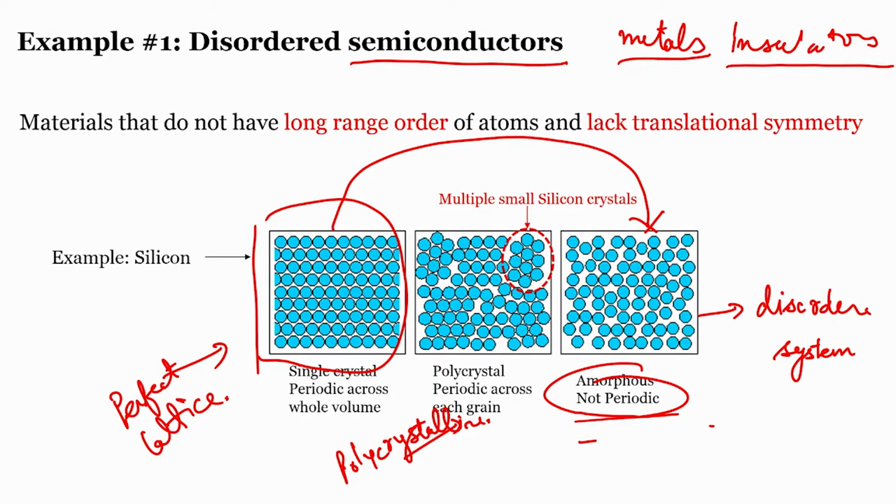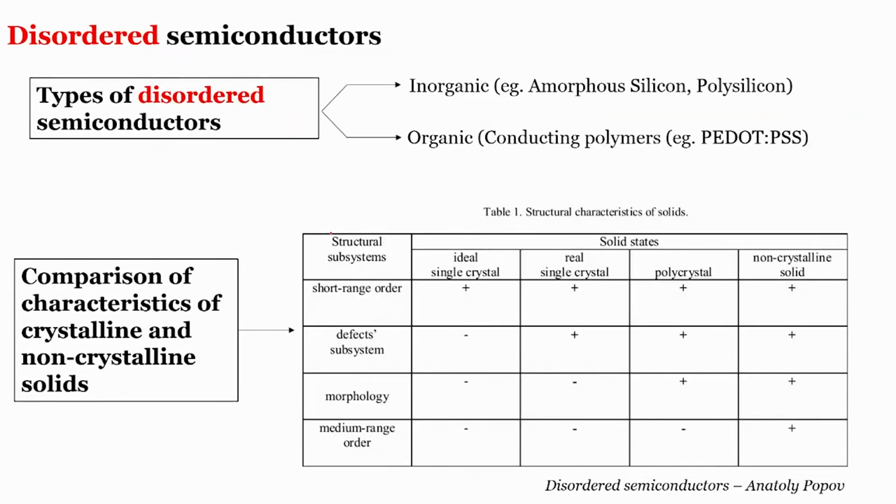So let us see how it affects the electronic structure of this system when compared to the ordered system. Before we talk about the structure, let us see what are the examples of different types of disordered semiconductors, and this is where I will try to emphasize why it is important for any biomedical system designer to be aware of these kinds of semiconductors.